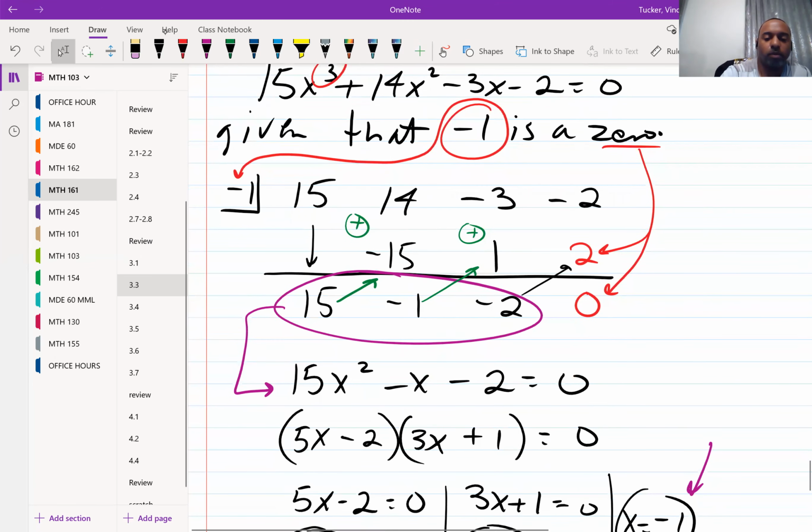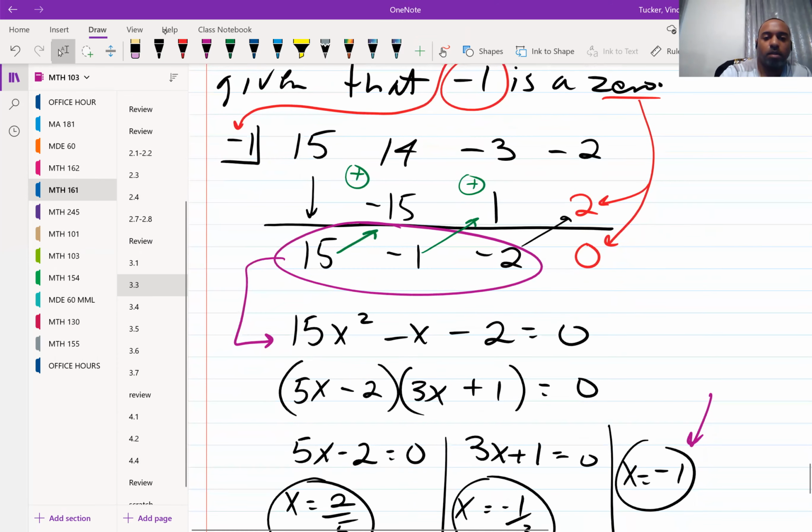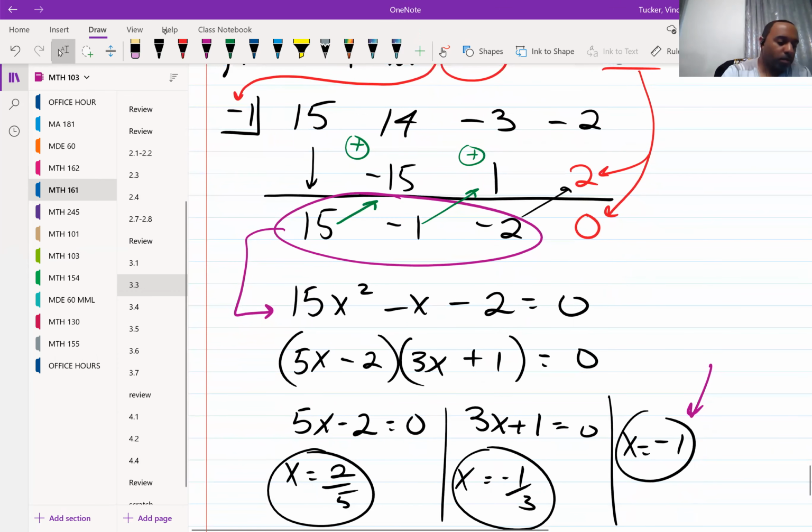So factor that out, 5x minus 2, 3x plus 1. Solve them both, that'll be 2/5, negative 1/3, and then negative 1, which was already given to us.